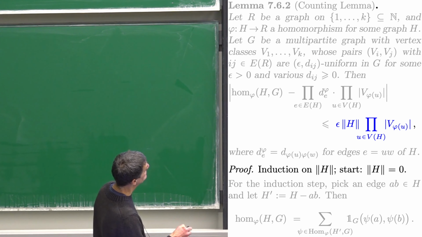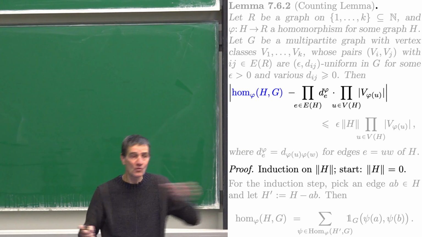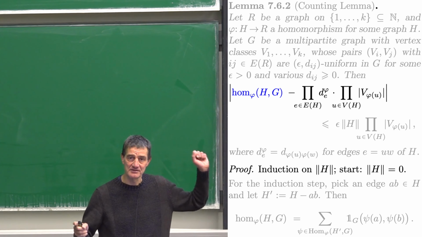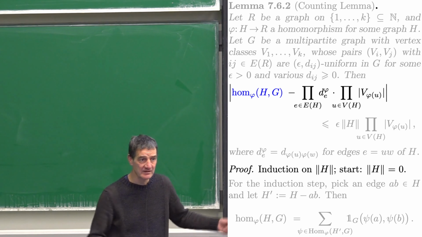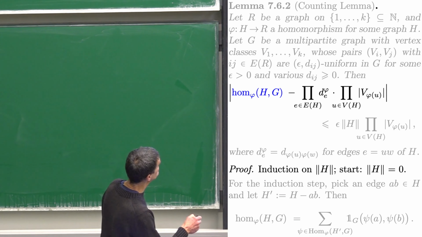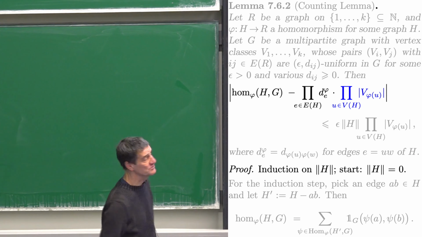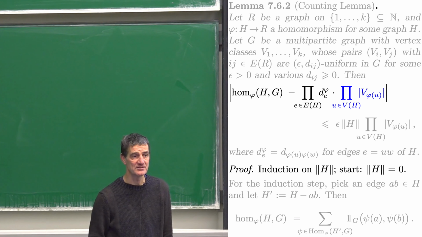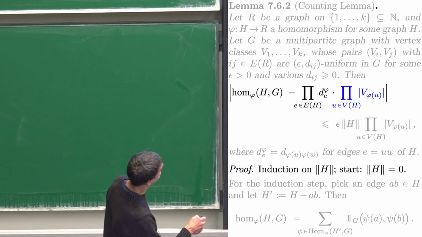Why? Because when you don't have any edges, then all the ways you map the vertices to the correct classes will be a homomorphism. Right? So the number of homomorphisms here will equal the second product here, the number of ways in which we can choose images for the vertices. Except there's this factor there.